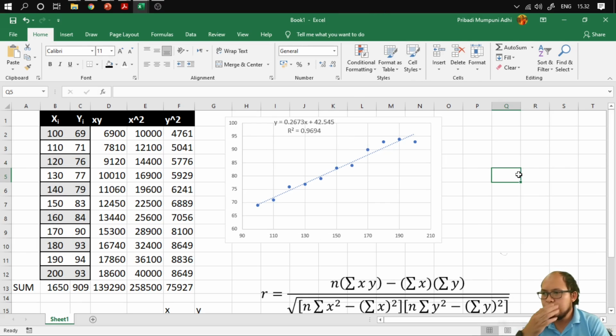So this is one of the methods to find this relation.